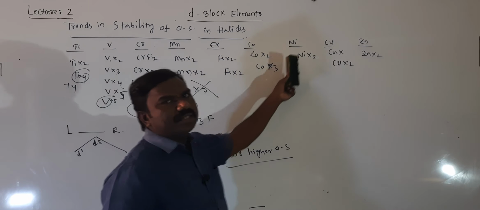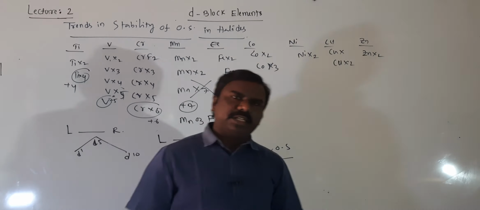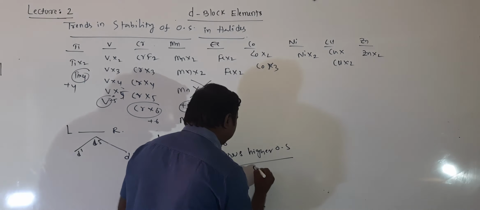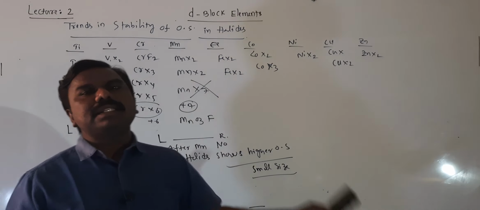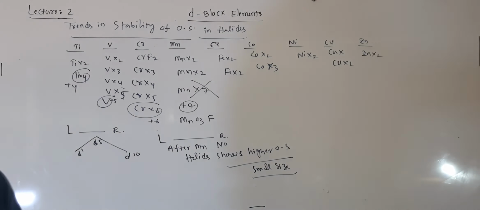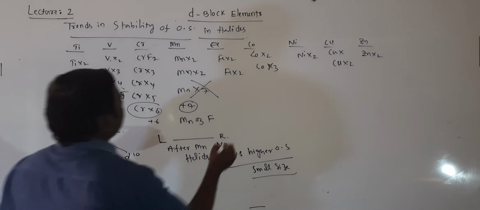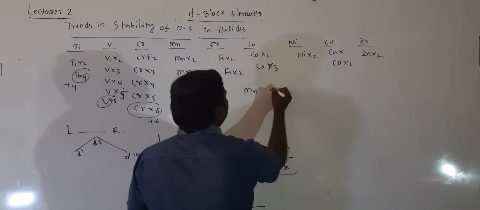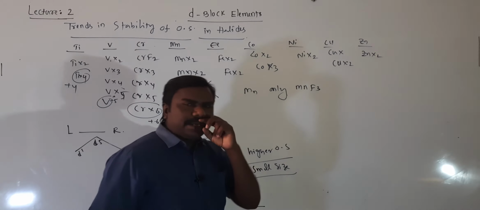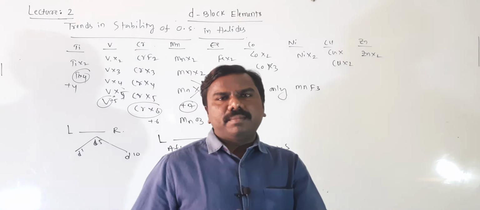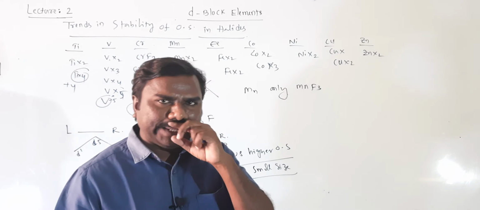Only plus 2, plus 3, plus 2, plus 2, plus 2, like that. Because of small size and decrease in the oxidation state. So manganese only forms Mn plus 3, MnF3 maximum. It will not form MnF7, MnF6 like that.